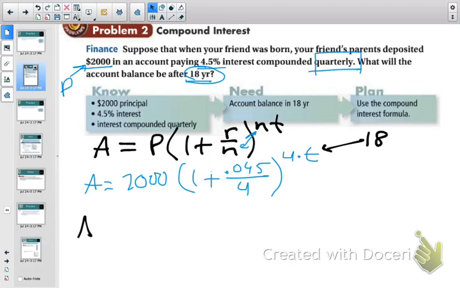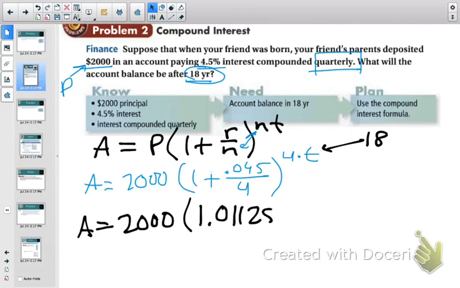Okay, so A equals 2,000. Make sure you're using parentheses when you do this. That's going to be 0.01125 to the 4 times 18, which is 72. Okay, then just put that in your calculator.